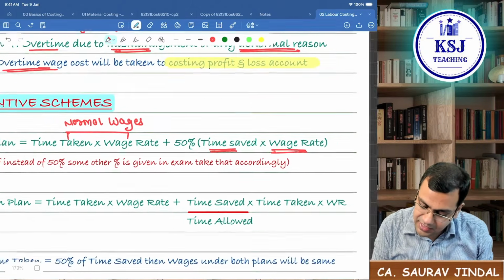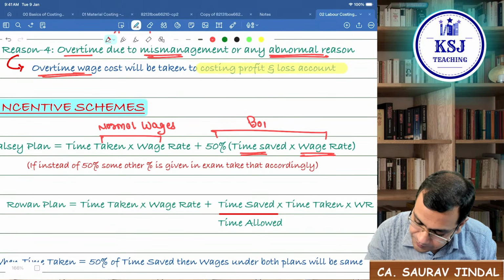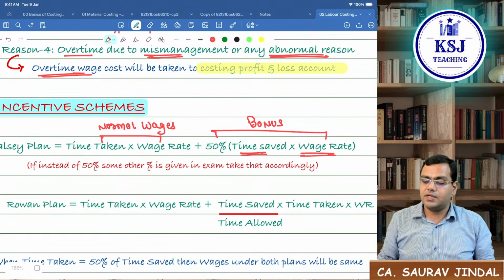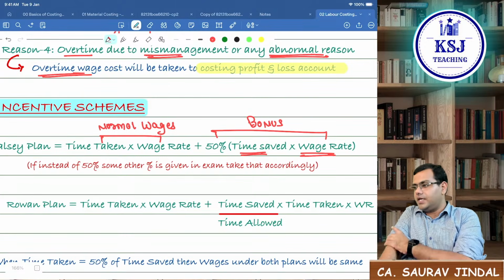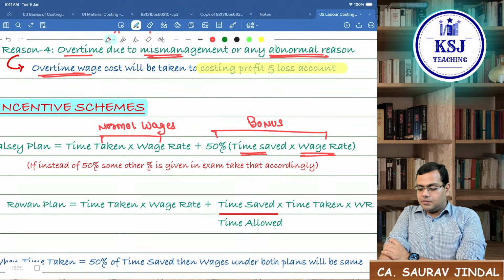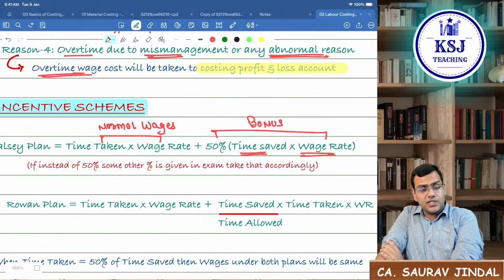So this second part is the bonus being paid, that is time saved into wage rate into 50%. Clear? So only 50% you have to pay. Sir, will it always be 50%?